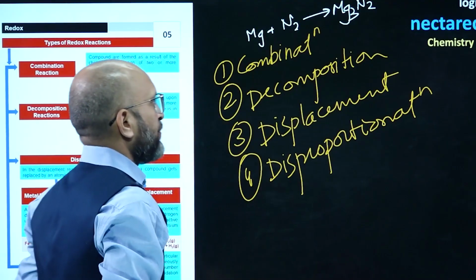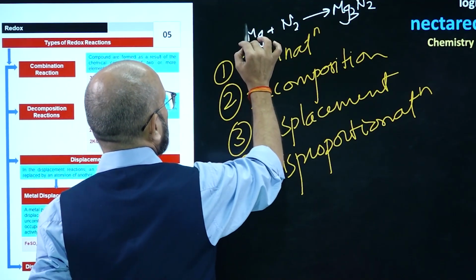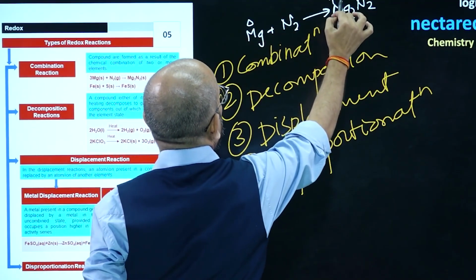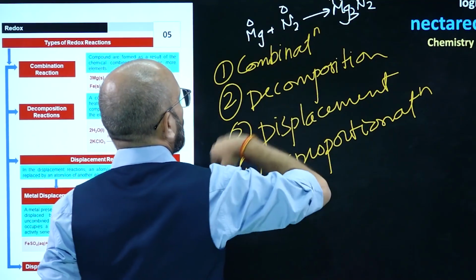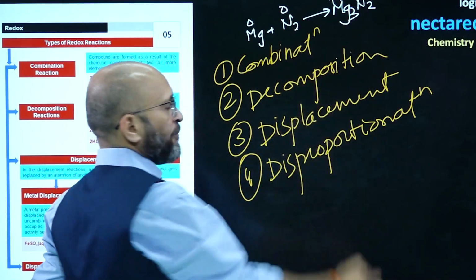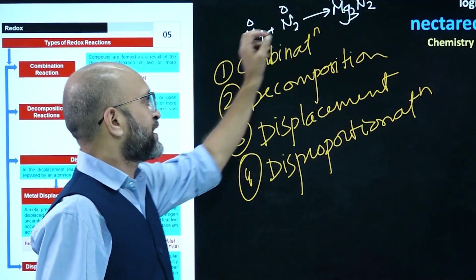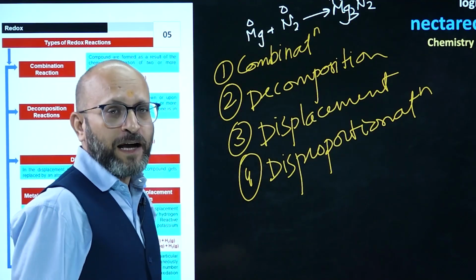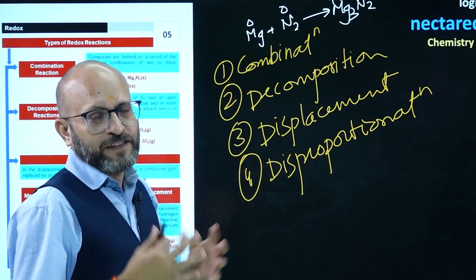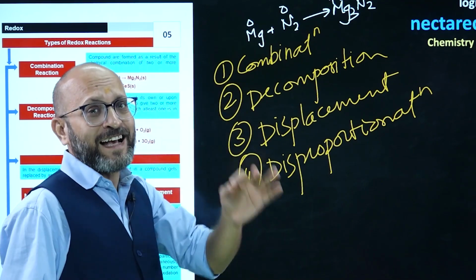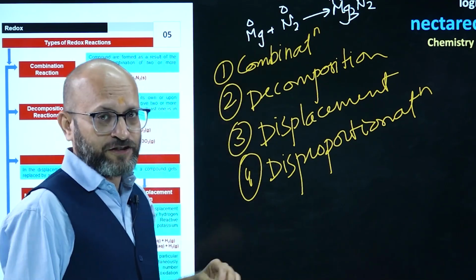Magnesium is going from 0 to +2 oxidation state, and nitrogen is going from 0 to -3. So reduction is happening for nitrogen, whereas magnesium is getting oxidized. It is a redox reaction and combination of two elements is happening. That is why we call this a combination redox reaction.